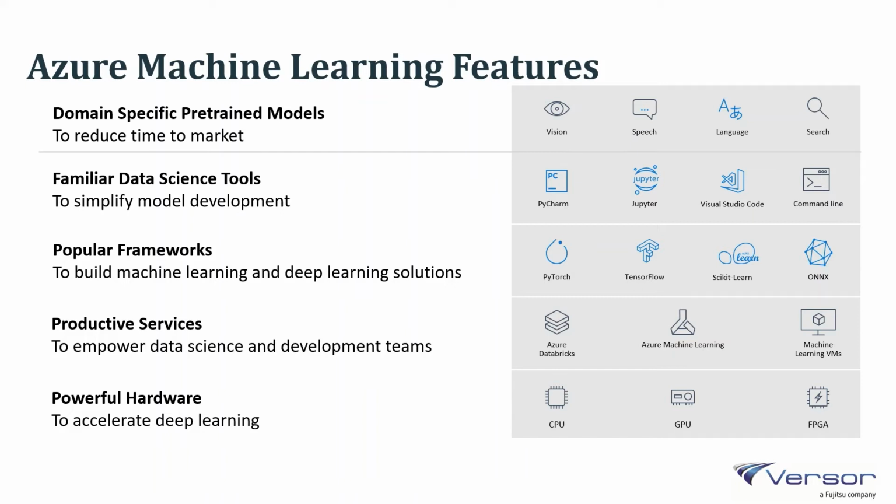And then finally, you also have a number of pre-configured machine learning VMs that you can use. And finally, it supports CPU type of learning, but it also supports GPU for that really deep learning that you may require. And finally, edge deployment through FPGA devices.